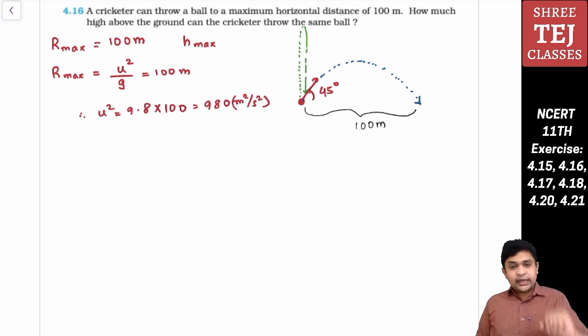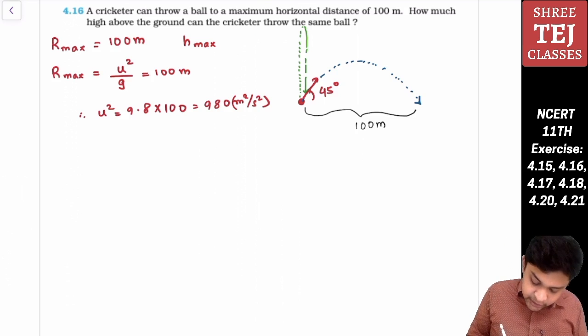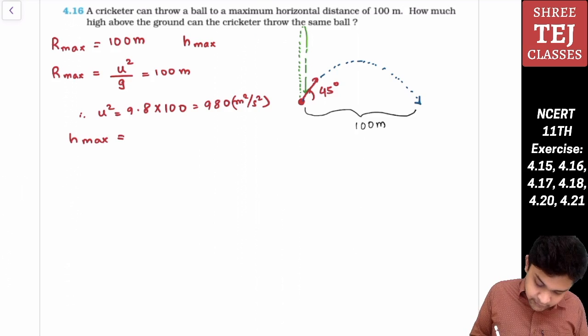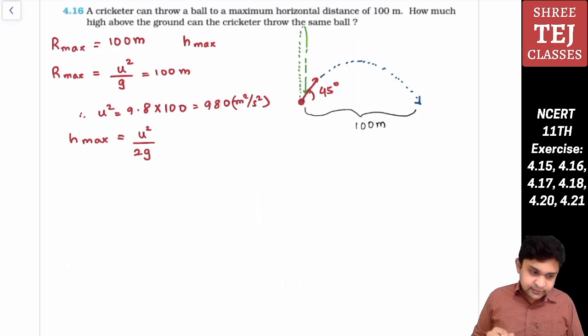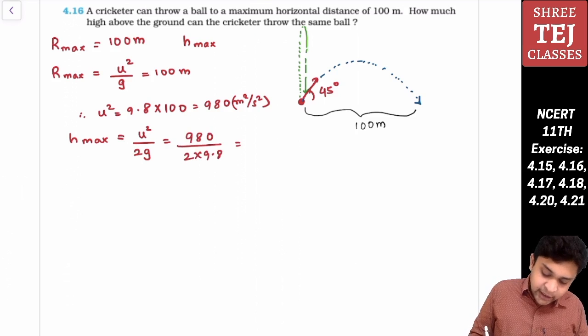Then H max will be u square upon 2g, because there theta will be 90 degree, so sine theta will be 1, and therefore sine square theta would be 1. So this would make 980 upon 2 into 9.8, which is 50 meter.